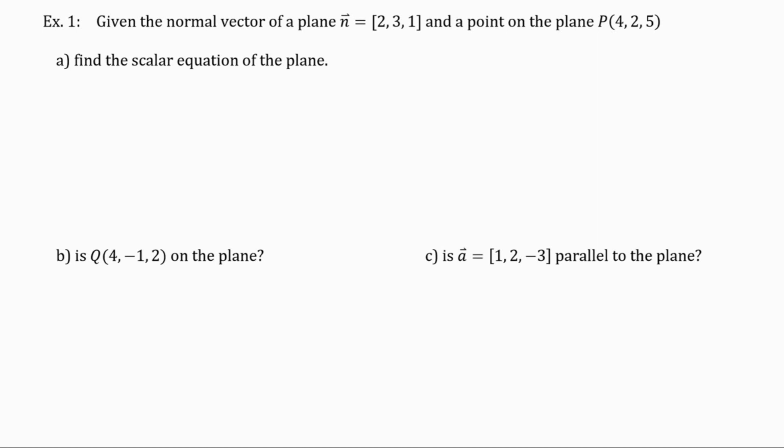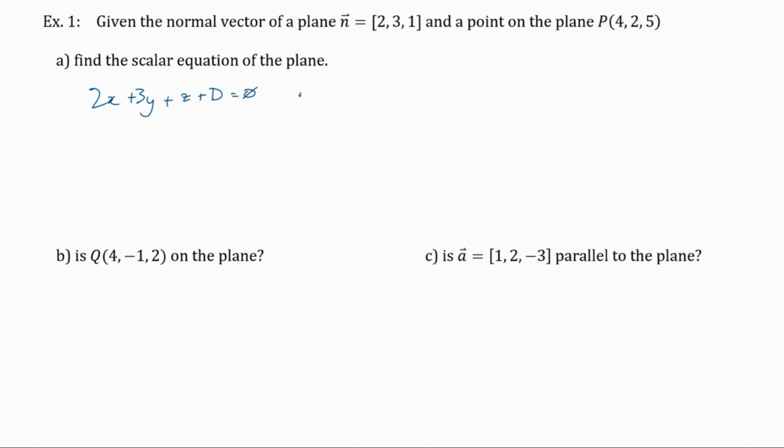Normal vector of a plane is given, (2, 3, 1), and a point on the plane is given. Find the scalar equation of the plane. All right, so the normal vector, what we want to know is those are the coefficients of the three parts of the scalar equation of the plane. So I can write this as 2x + 3y + z + d = 0.